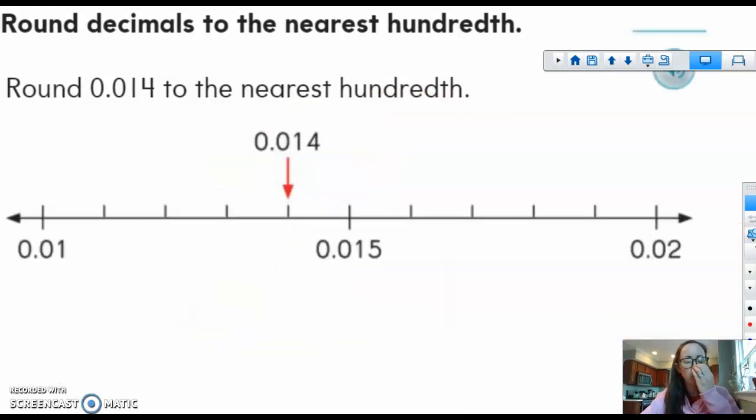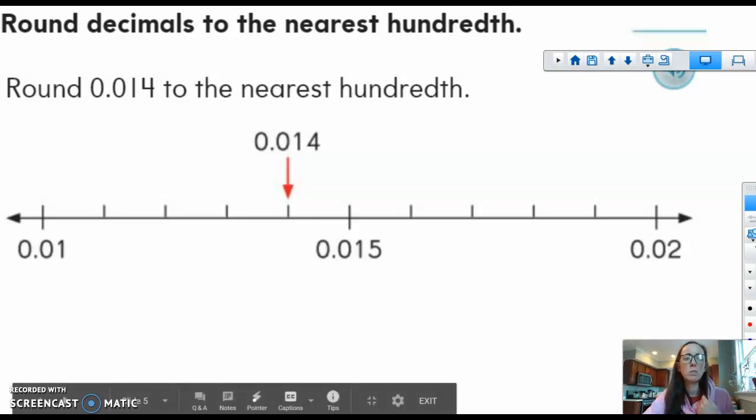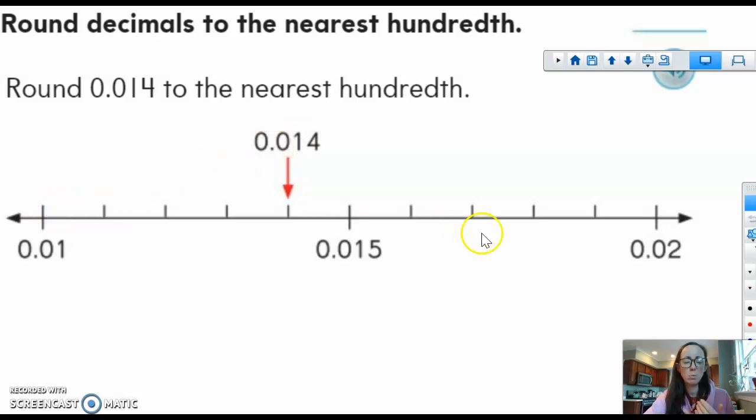Now lastly, I just wanted to show you what it looks like when we're thinking about rounding a decimal to the nearest hundredth on a number line. If I was doing the same problem that we did before, rounding 14 thousandths to the nearest hundredth, I'm starting at 1/100th. My midway point is 15 thousandths, and then I'm going also to 2/100ths. So I'm splitting up that hundredths chunk.